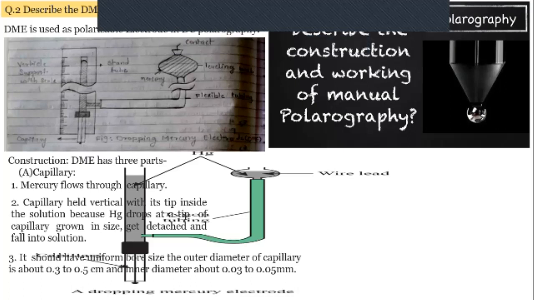The mercury flows through this capillary, and below it the drop is there. The capillary is held vertical with its tip inside the solution, because the mercury drop at the tip grows in size, gets detached and falls into the solution. It should have a uniform bore size, and the outer diameter of the capillary is about 0.3 to 0.5 centimeter, and the inner diameter is about 0.03 to 0.05 millimeter.